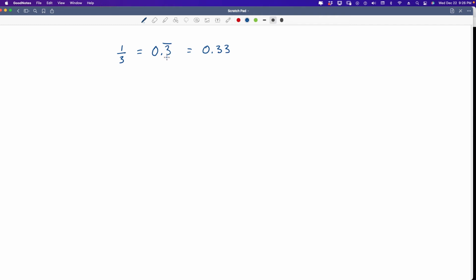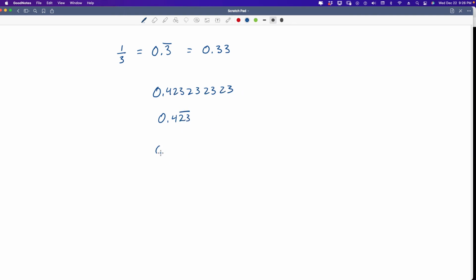Or whatever numbers are repeating. Sometimes it's one number, sometimes it's a pattern of 2 or 3 digits that are repeating constantly. So for instance, if you had 0.423232323, you would write this as 0.423, and the 2 and the 3 would have the line over the top because these are the 2 digits that keep repeating.